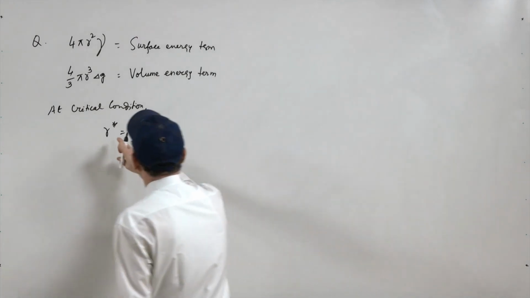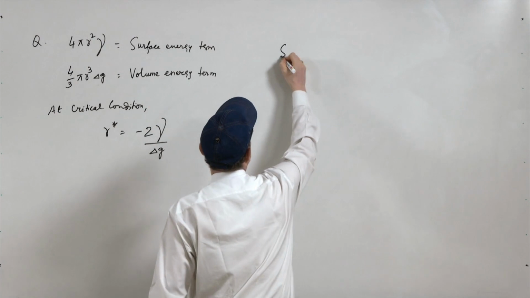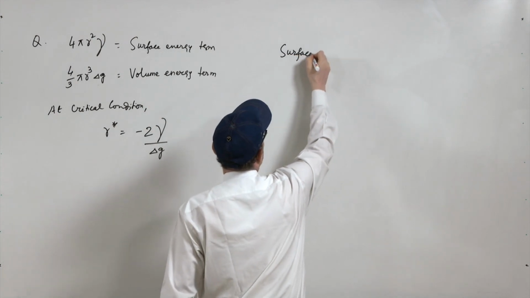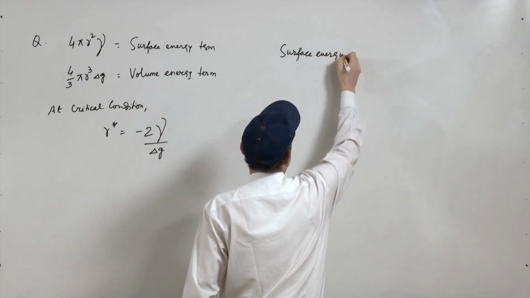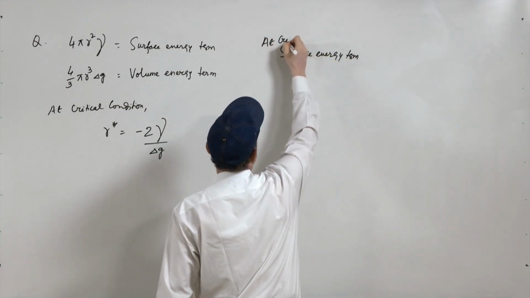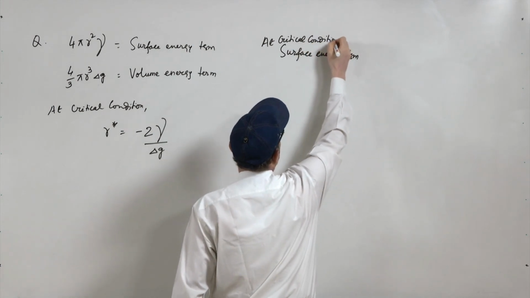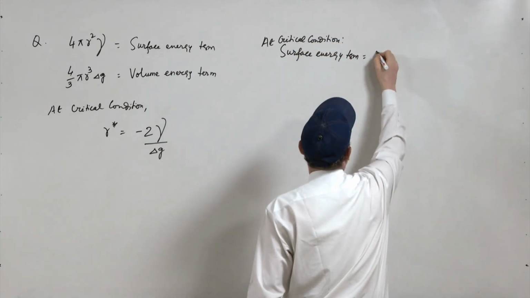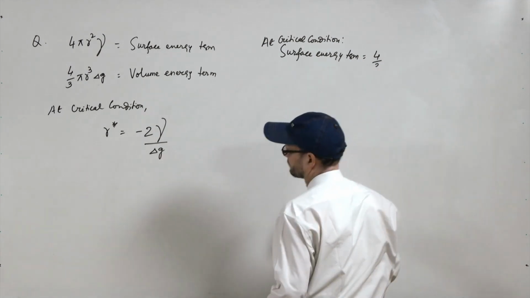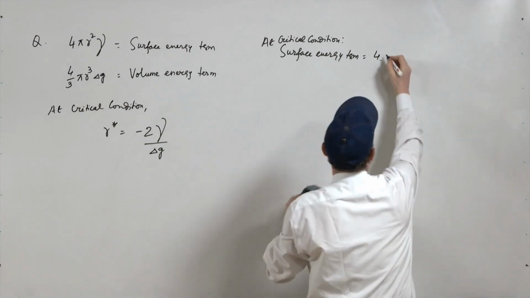Having this r star term, the surface energy term at critical condition becomes 4 pi r square gamma.